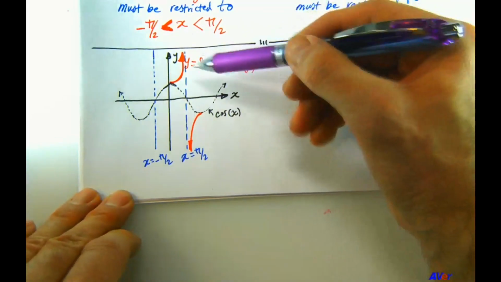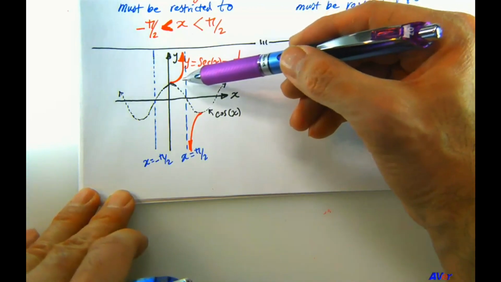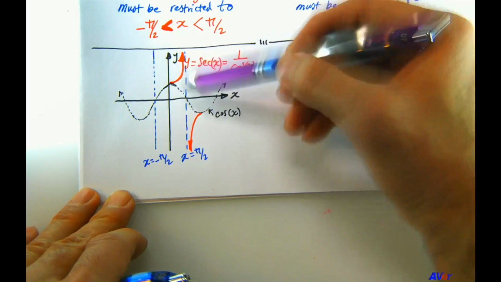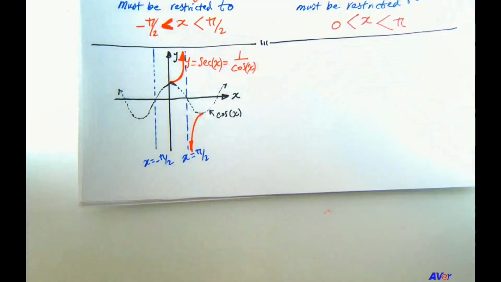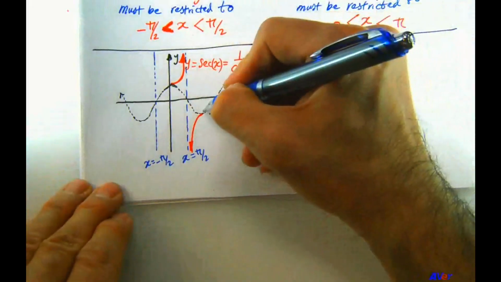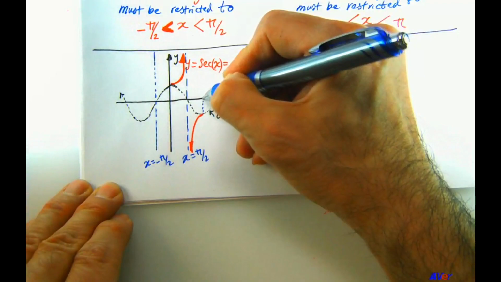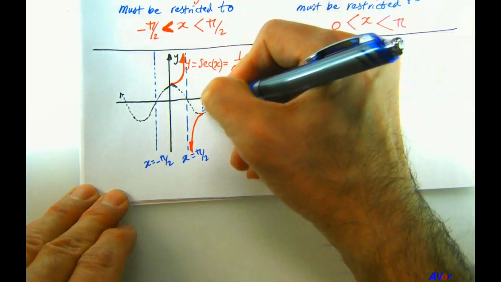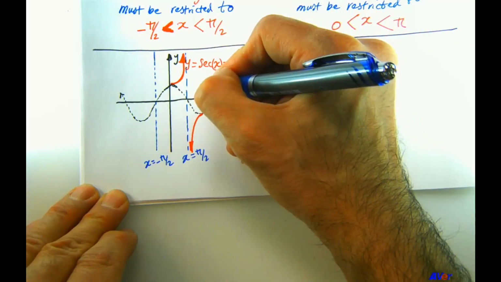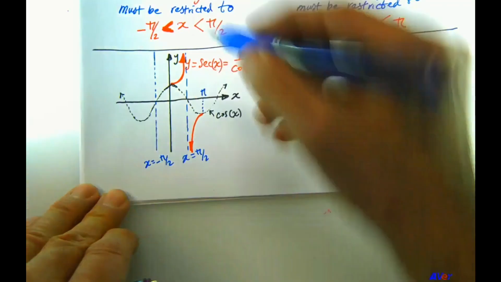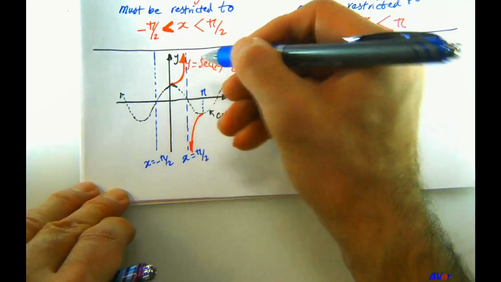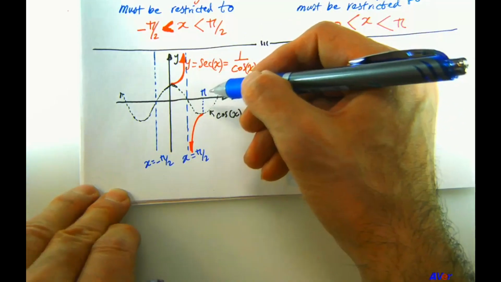So if we restrict the domain like this, from 0 to pi over 2, and it needs to be restricted here, at the peak it'll be pi, so this is pi over 2, and this is pi, right? That's where the function secant of x will be negative 1.